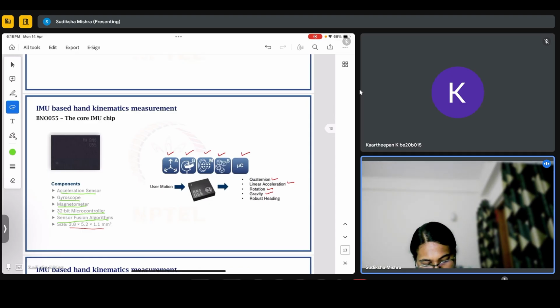It's on the smaller side, 3.8 by 5.2 square, so tiny. Once the chip is placed on a finger, the motion will give an idea of the quaternions, the linear acceleration, the rotation, and gravity, and it is kind of robust.